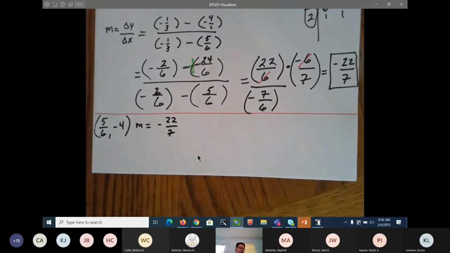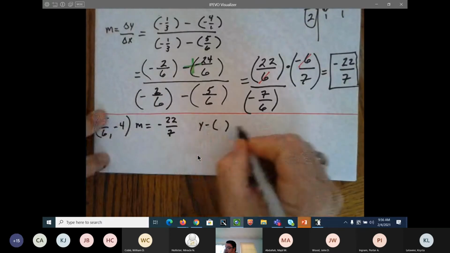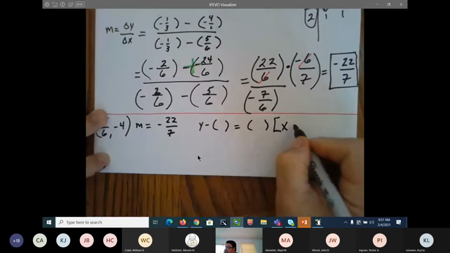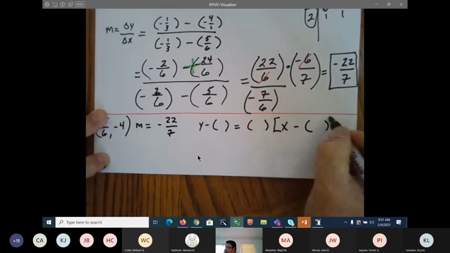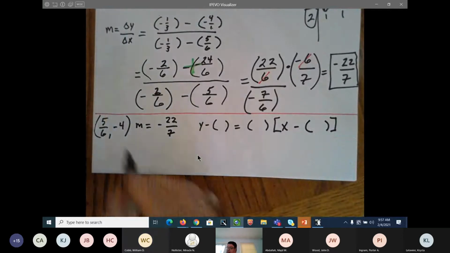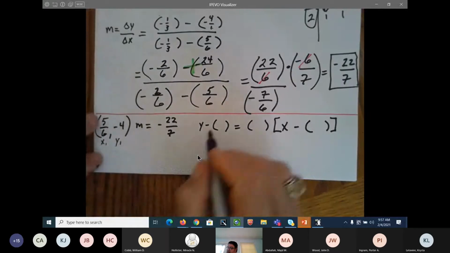And now we're going to do the point slope equation. Y minus y sub 1 is equal to m times x minus x sub 1. And I'm going to plug in, let's see, this is x sub 1, this is y sub 1. Y sub 1 goes here.